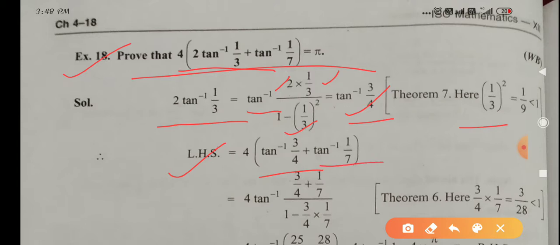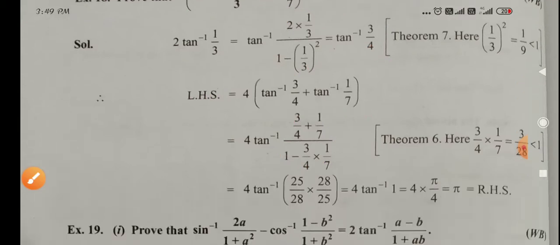Now you can apply the previous theorem, tan inverse x plus tan inverse y equals tan inverse x plus y upon 1 minus xy. So here you are applying 4 tan inverse x plus y upon 1 minus xy. And here you can check product of x and y is 3 upon 28, which is less than 1. So you can apply this property. So now answer will come.